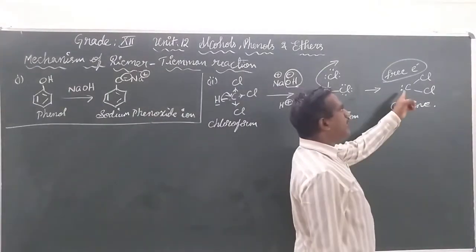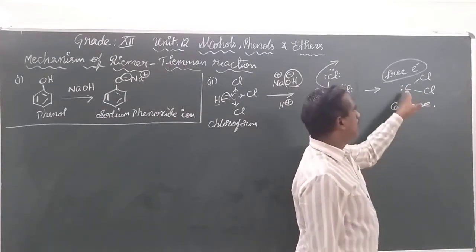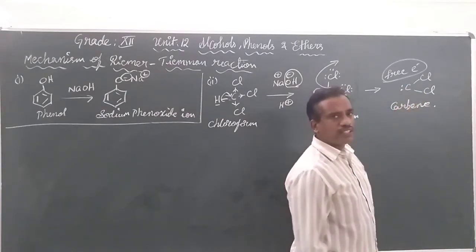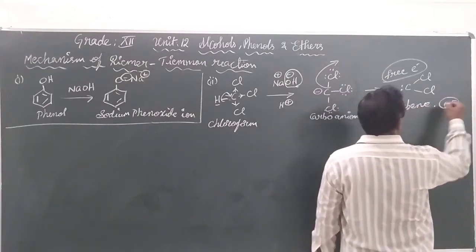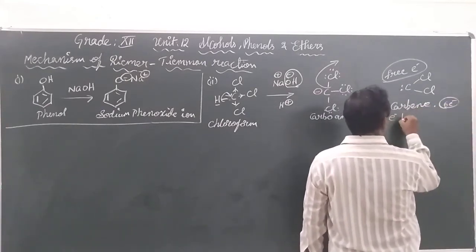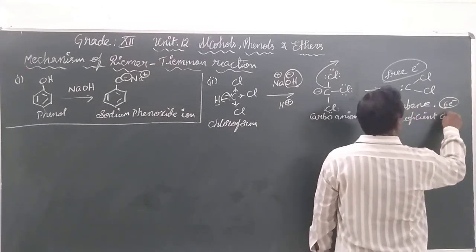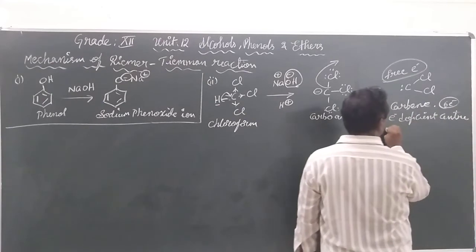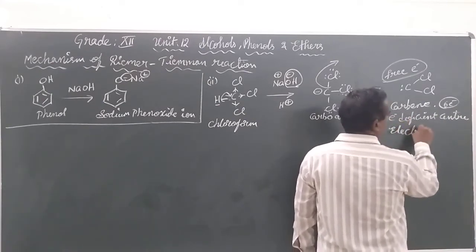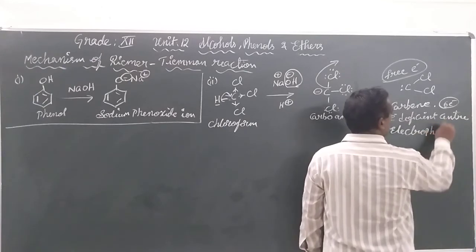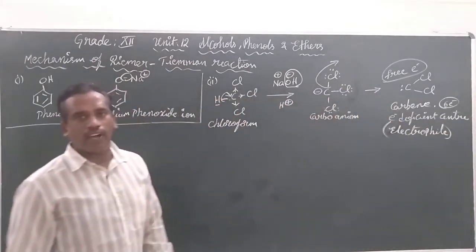How many bonds are there around the carbon? 1 and 2, that is 4 electrons, and 2 more free electrons are present. Totally it is having only 6 electrons around the carbon. So this is an electron deficient center. Can we call the electron deficient center the electrophile?